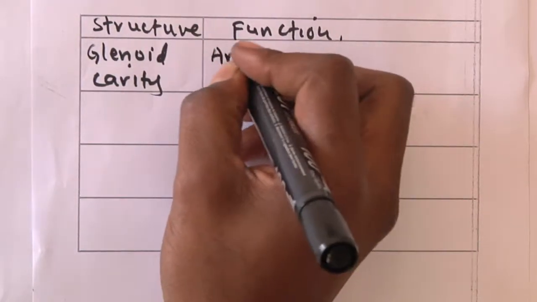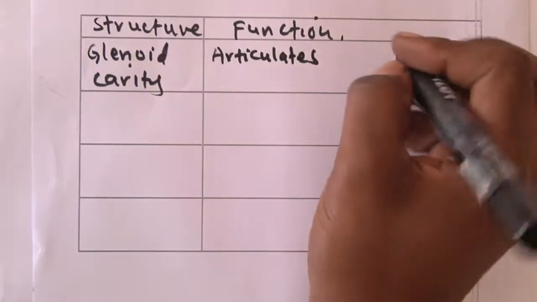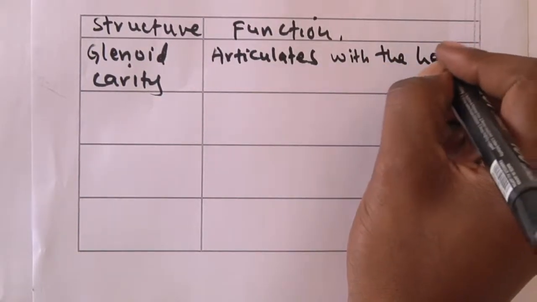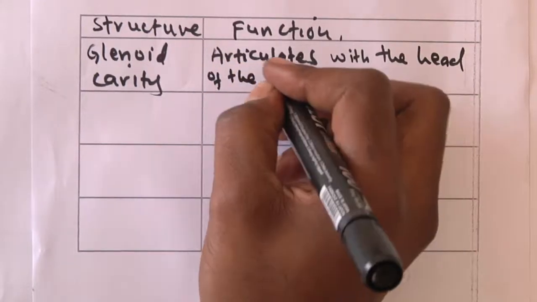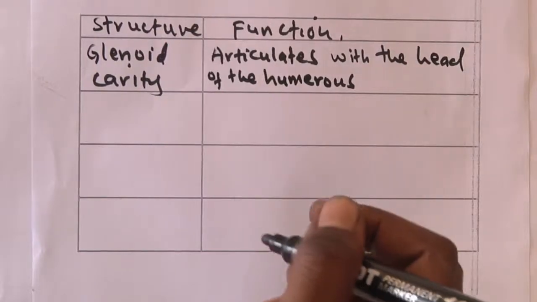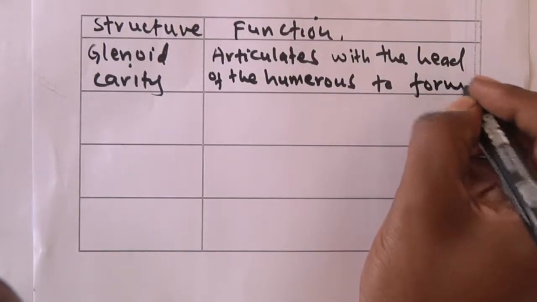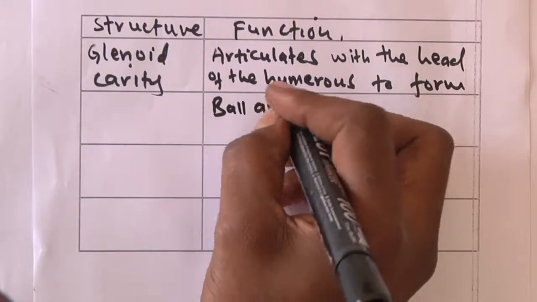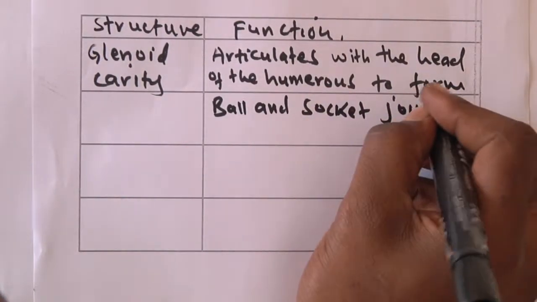It articulates with the head of the humerus to form a ball and socket joint.